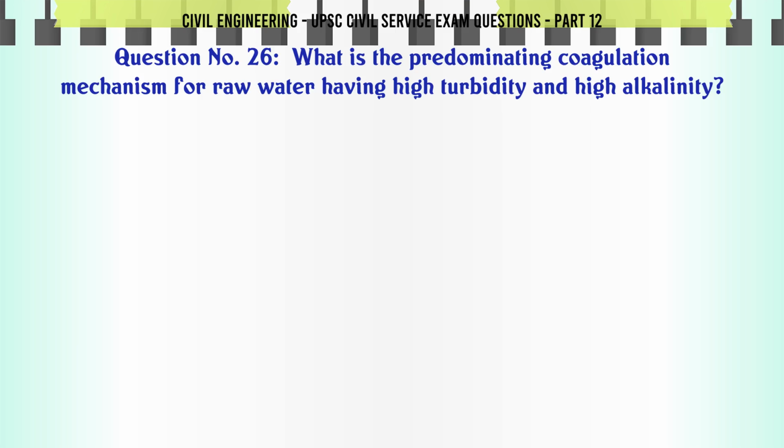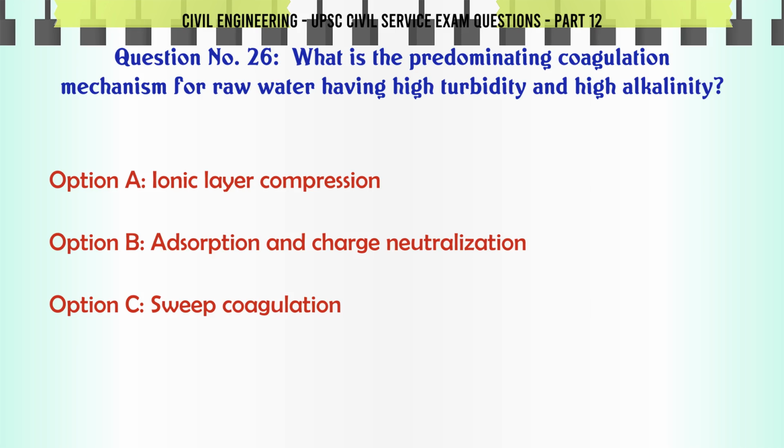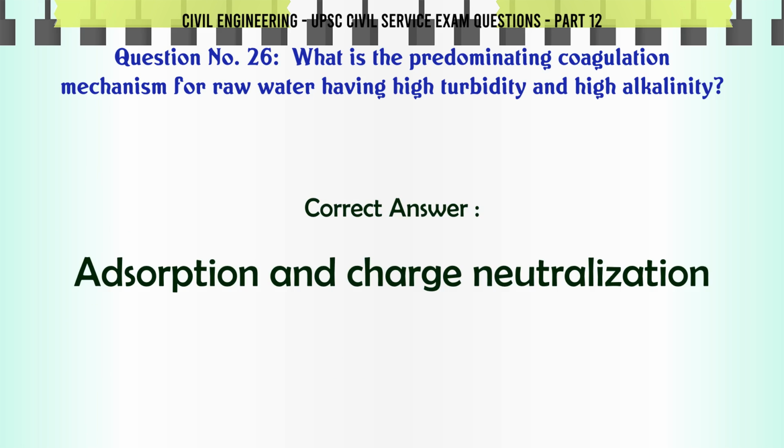What is the predominating coagulation mechanism for raw water having high turbidity and high alkalinity? A. Ionic layer compression. B. Adsorption and charge neutralization. C. Sweep coagulation. D. Interparticle bridging. The correct answer is adsorption and charge neutralization.